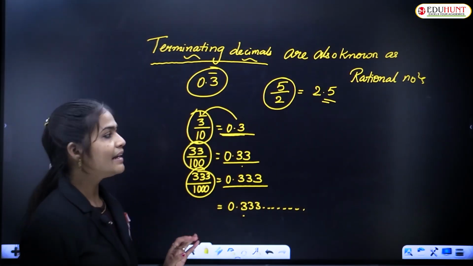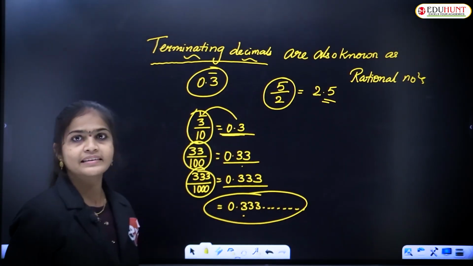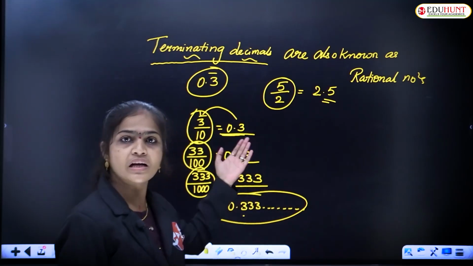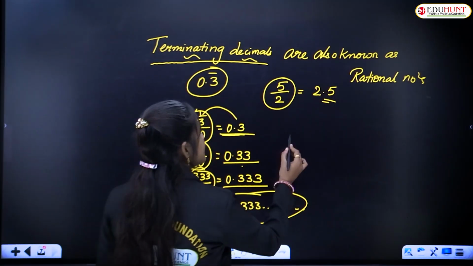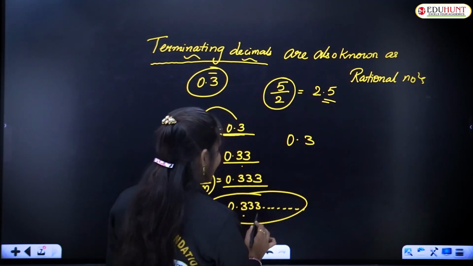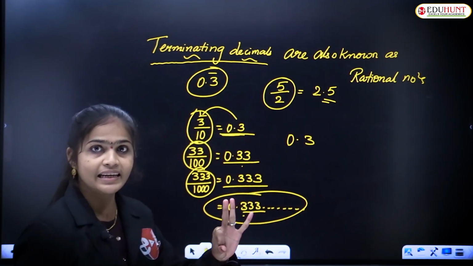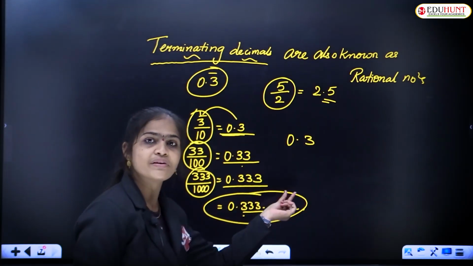Am I clear? Next, what about this one, ma'am? 0.333 and so on. Is it possible to convert this type of number into the form of P by Q or not? Yes. See here, 0.333 and so on. Which number is in repetition? 3 is in repetition, and so on means the last digit is in repetition.